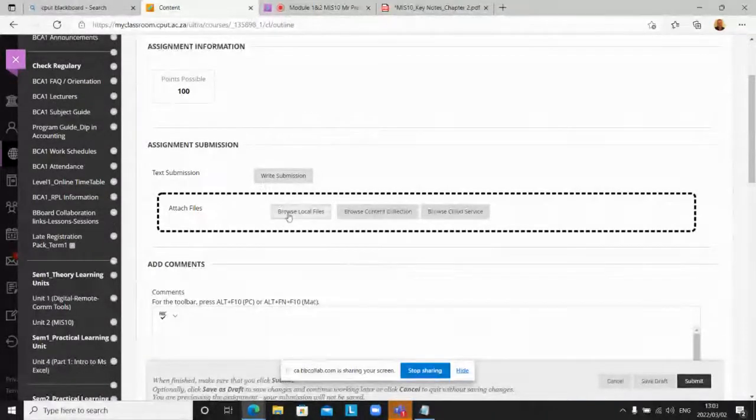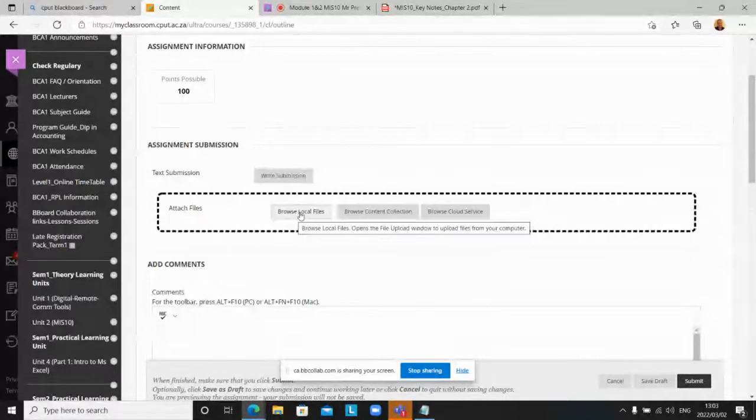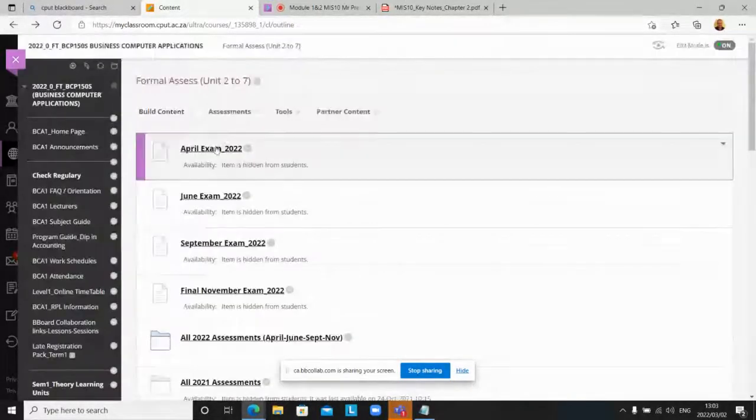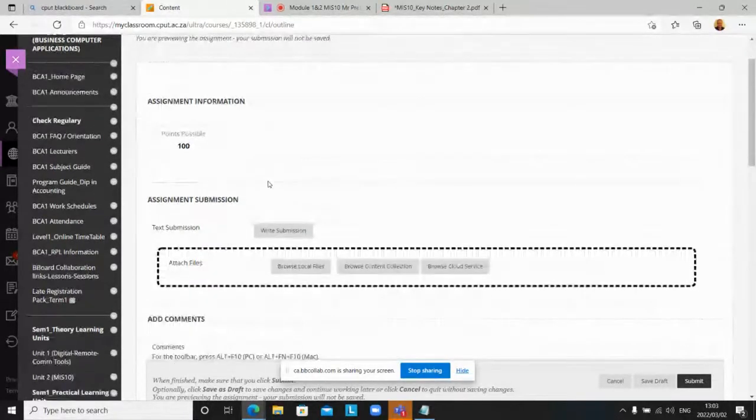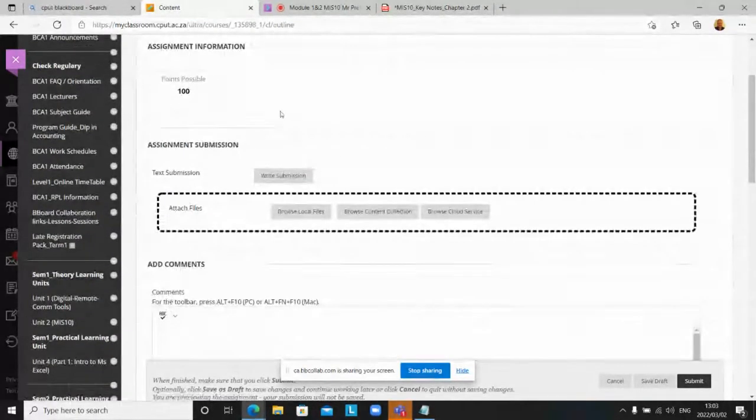And here is where you submit. An example would be to submit. So I download my exam. I click on April exam. The April exam will be there where I'm moving my mouse. I will then download it. I will work on it. I will zip it together.